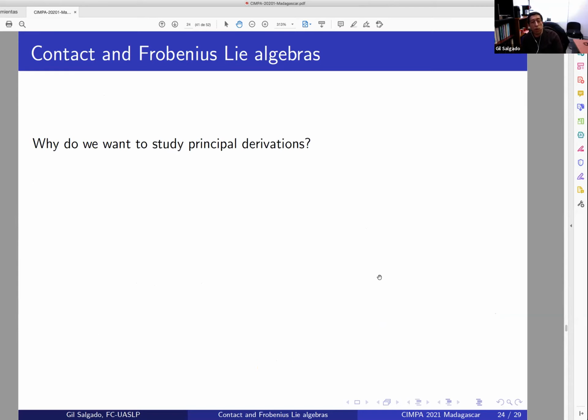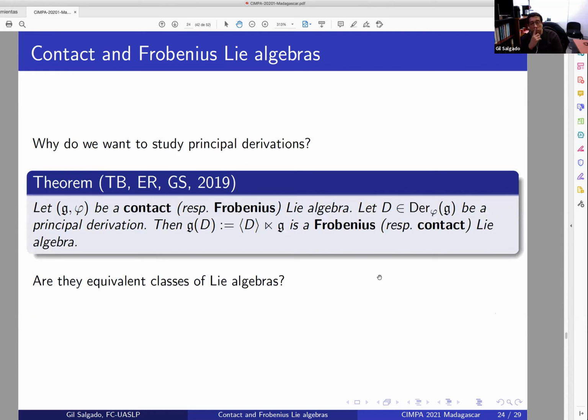So why do we want to study principal derivations? Well, with two undergraduate students here in Mexico, Trino Barajas and Manuel Roque, we have proved that the principal derivations allow us to construct Frobenius Lie algebras if we start with a contact Lie algebra and a principal derivation.